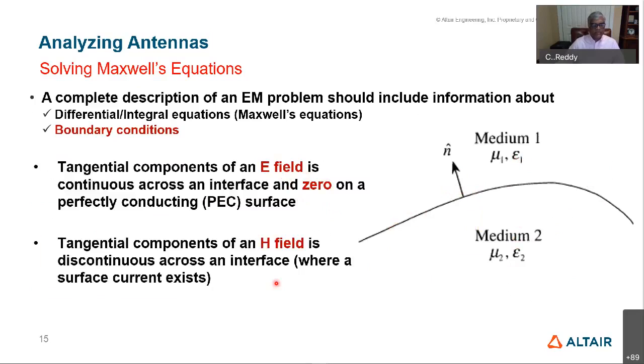Same thing with the magnetic field, which is discontinuous across the interface up to the surface current there. So if you take H2 minus H1 equals J on the surface, if it's a conducting surface, then you satisfy both the electric and magnetic field conditions at the surface.